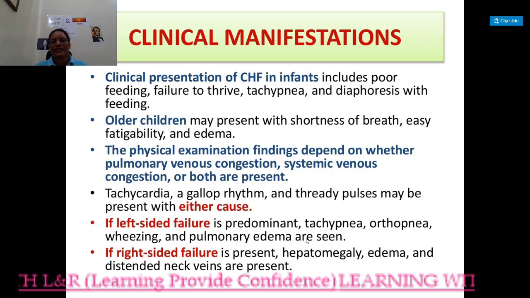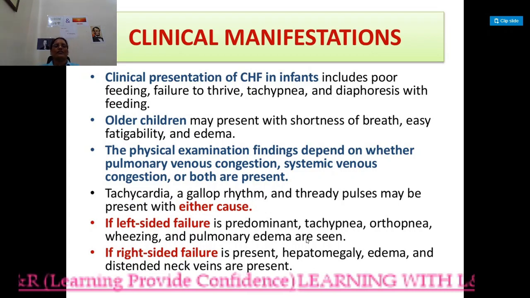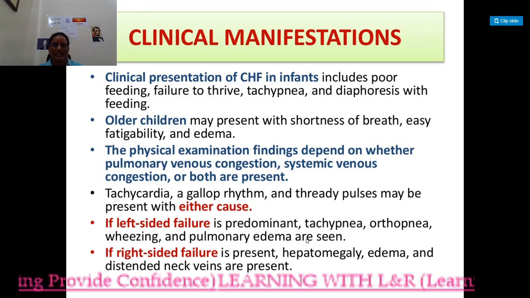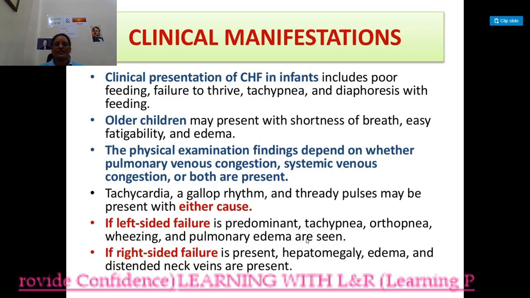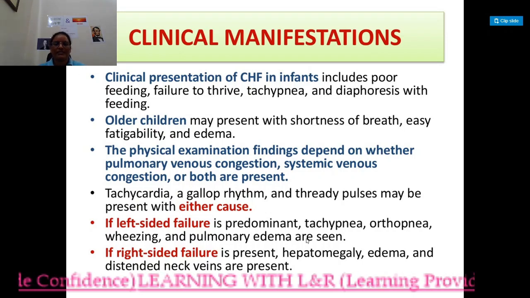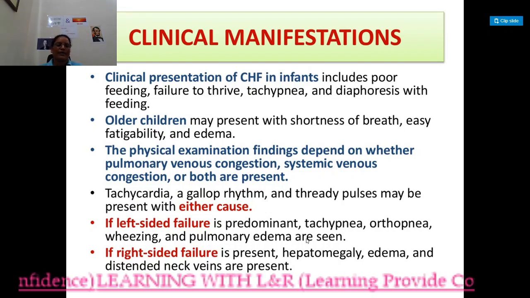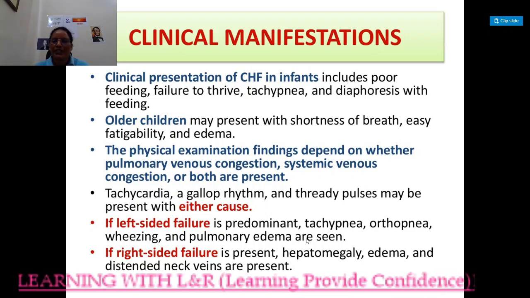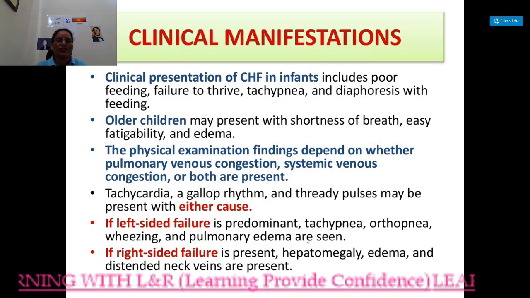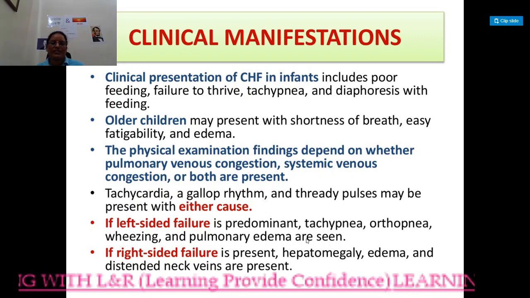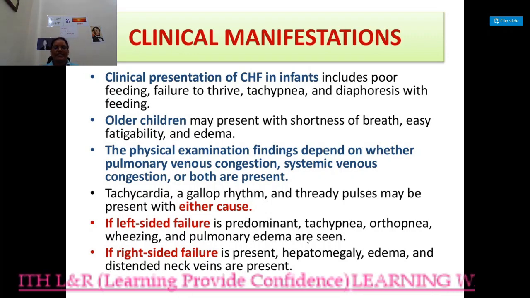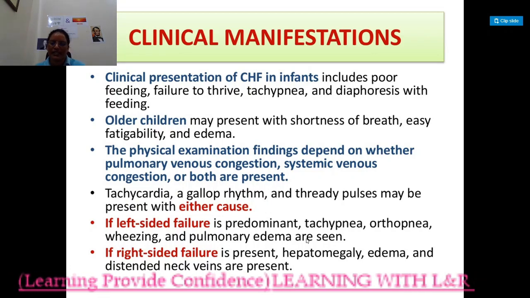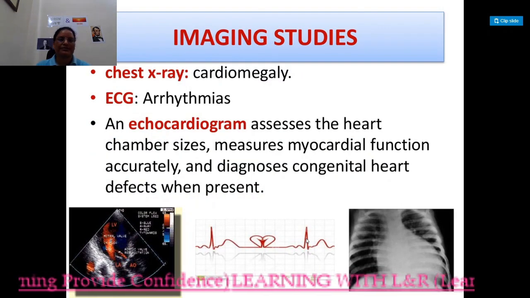The physical examination findings depend on whether pulmonary venous congestion, systemic venous congestion or both are present. Tachycardia, a gallop rhythm, an abnormal sound like a murmur, and weak pulses may be present with either cause. If left-sided failure is predominant, tachypnea, orthopnea, wheezing and pulmonary edema are seen. If right-sided failure is present, hepatomegaly, edema and distended neck veins are present.